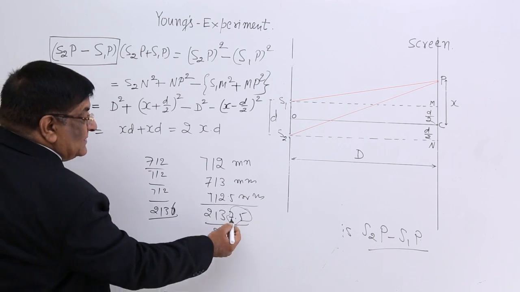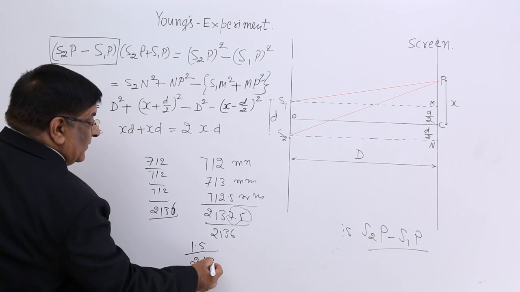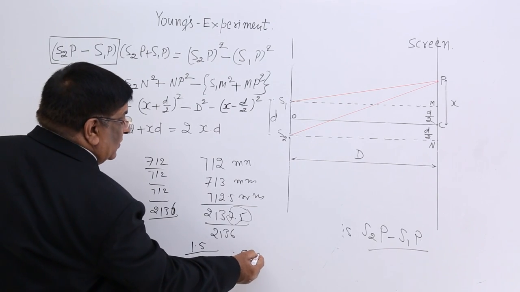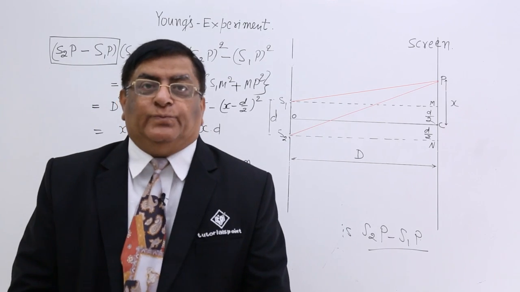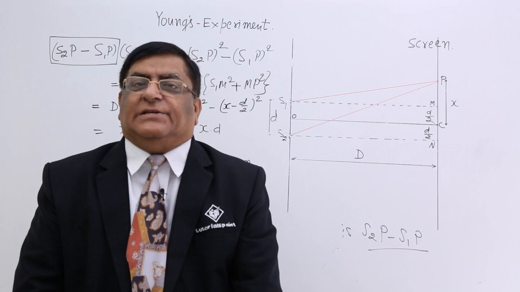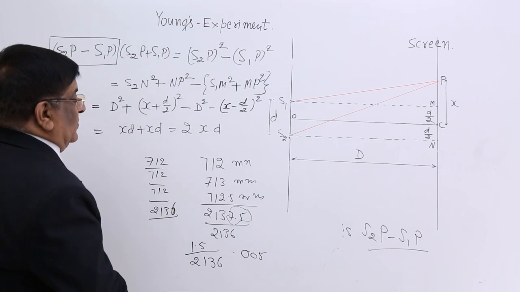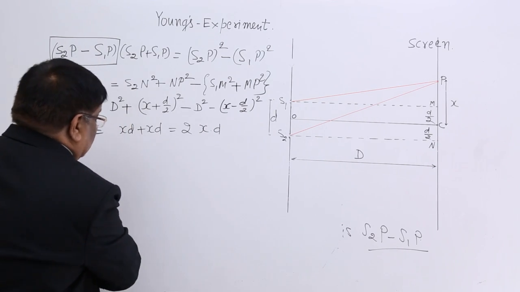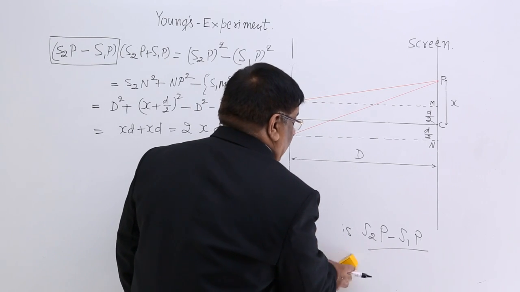The error is only 1.5 out of 2136, that is 0.005%, which is negligible. So when we are doing addition, very close quantities we can take as equal, but in the difference we can't do that. We learnt that in class 11th when we were doing measurements. Okay.